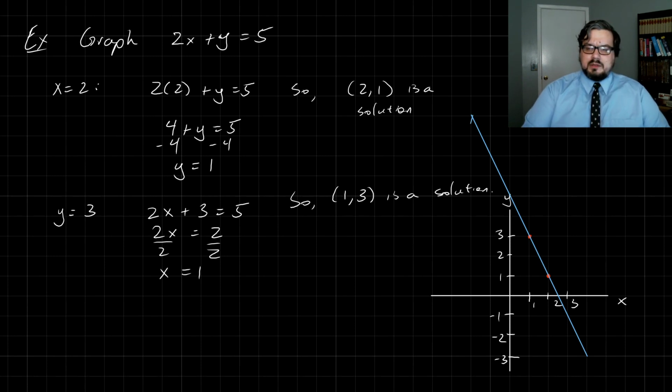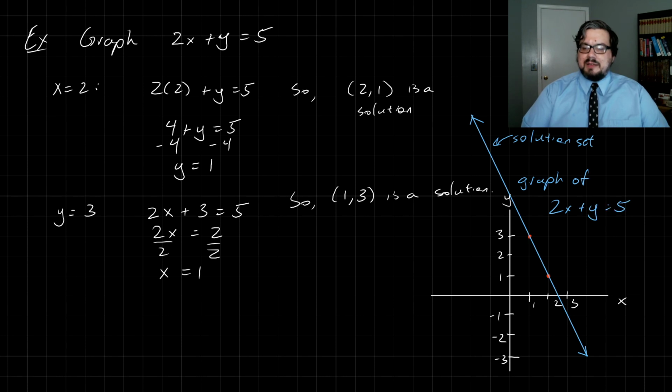So this blue line is the solution set. Or in other words, it's the graph of 2x plus y equals 5. It's the set of all points with coordinates that are solutions to the equation 2x plus y equals 5.